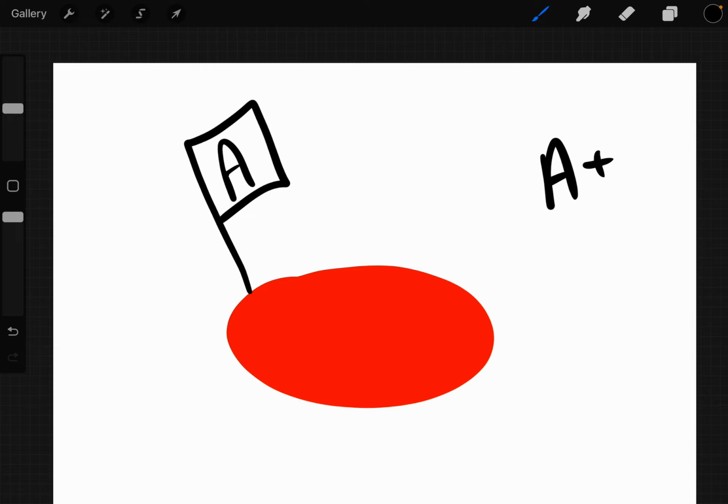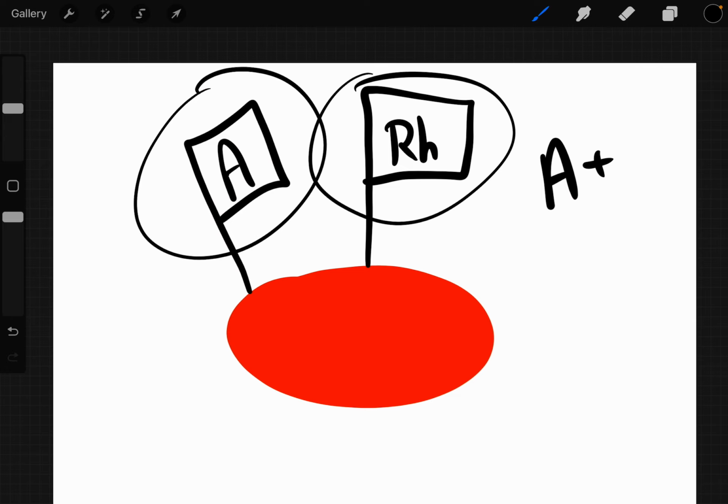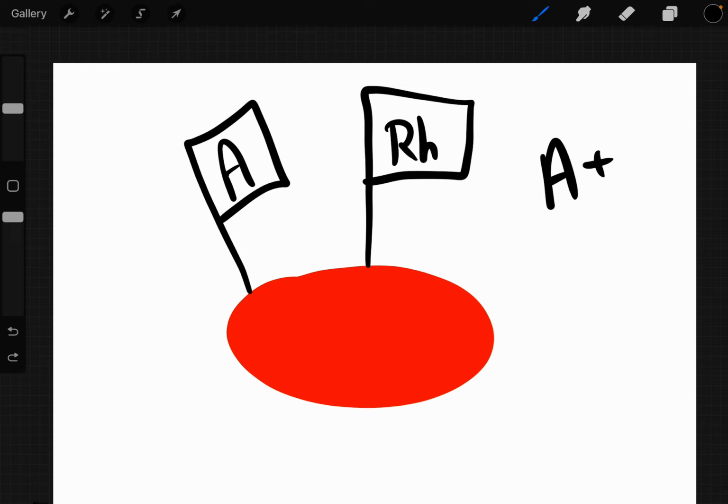If we put an A flag, that means it's blood type A. If you see an RH flag, that means positive. So the way you show an A positive blood cell is by putting the A flag and the RH flag on the surface, and that makes it A positive.